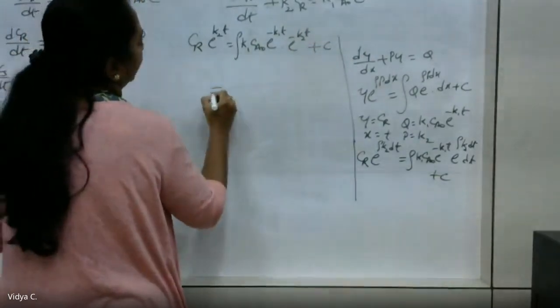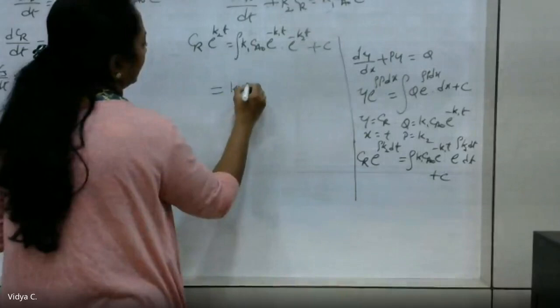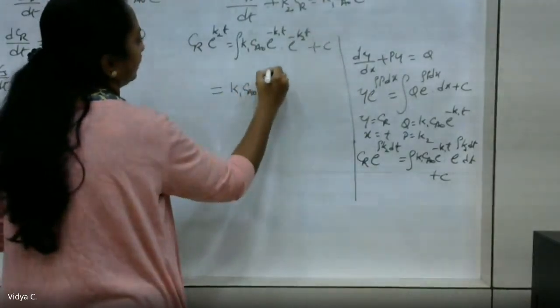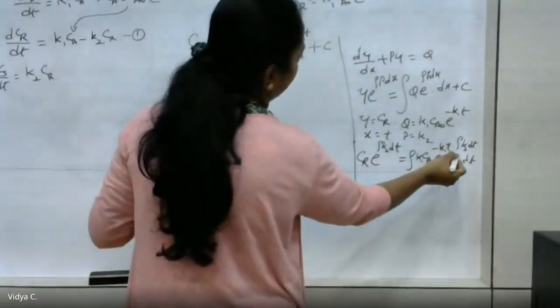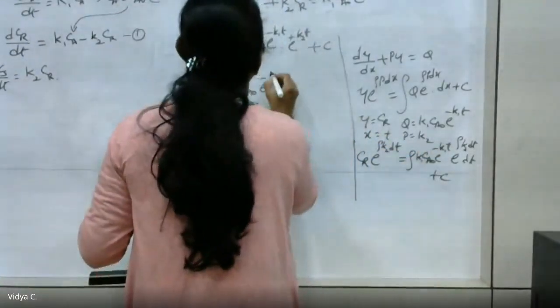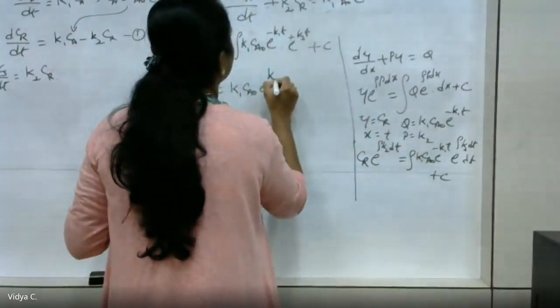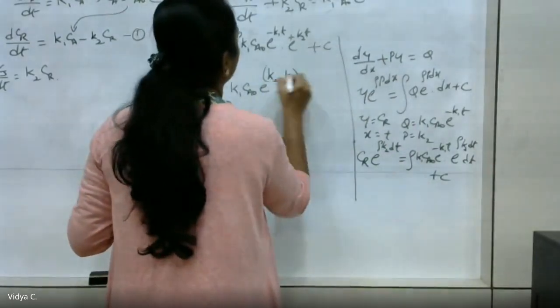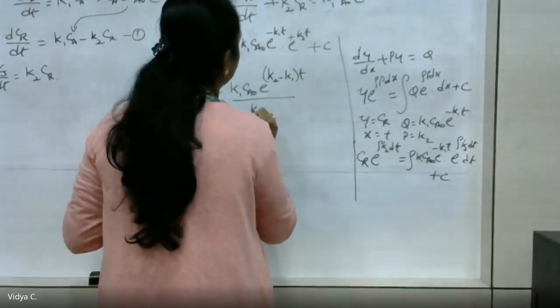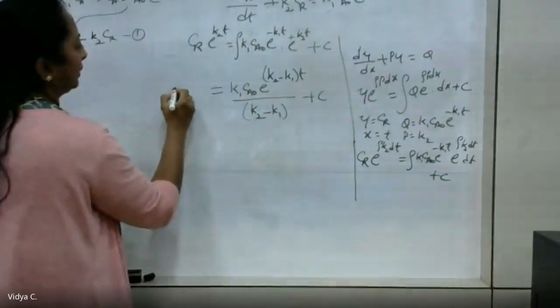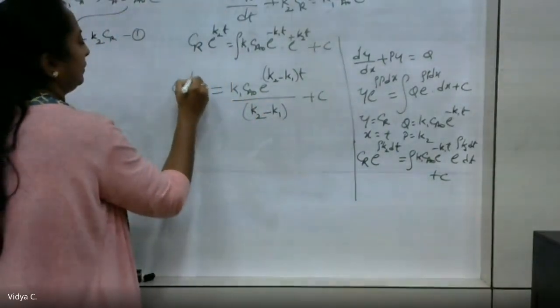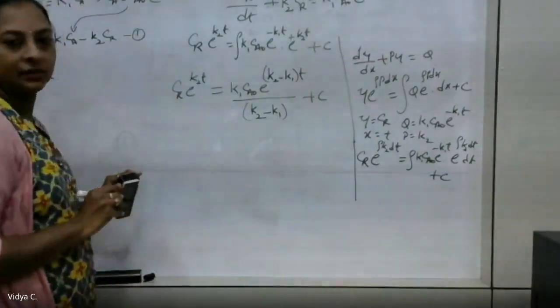And the integration of this will be K1 CA naught e to the power of, this is plus K2, right? So it is K2 minus K1, e to the power of (K2 minus K1) into t by (K2 minus K1), plus c.